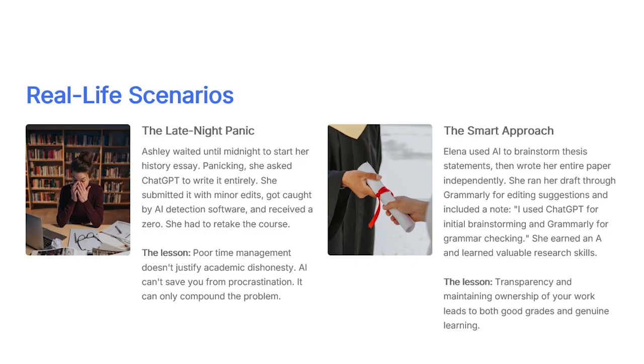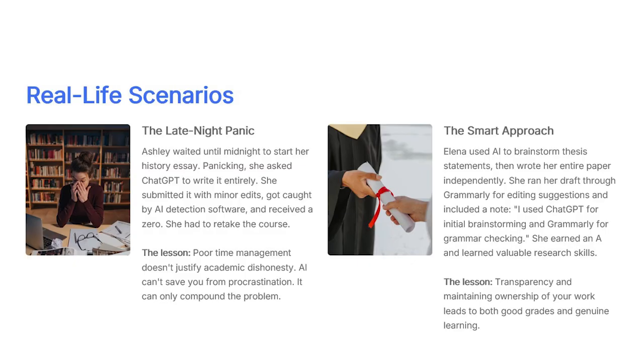It can only compound the problem. Most instructors would rather you reach out to them and ask for an extension with substantial points gone than for you to use AI and get caught, and not only could you potentially be out of that grade, but they could fail you for the class. So you have to think, is it worth it, right?